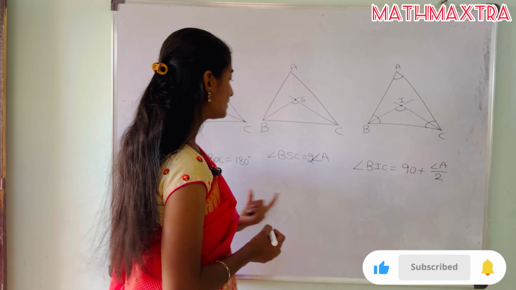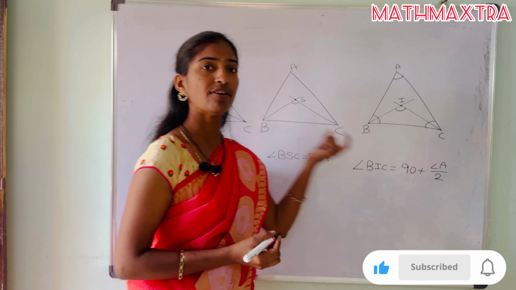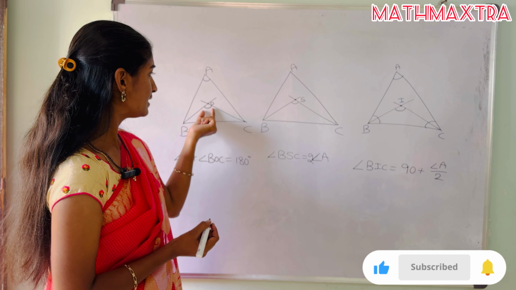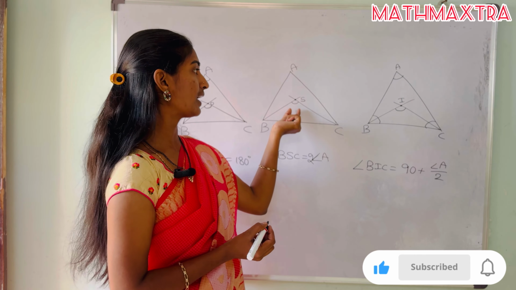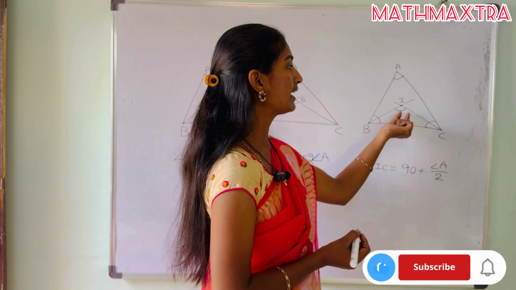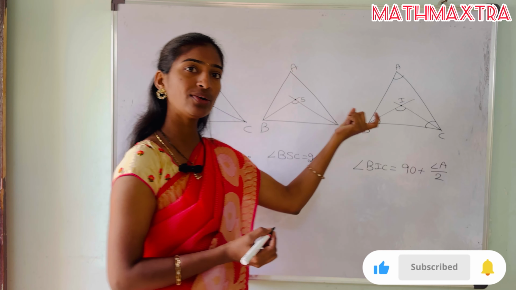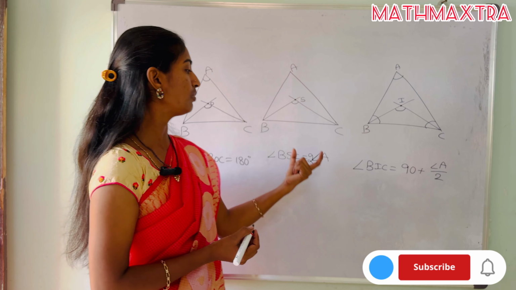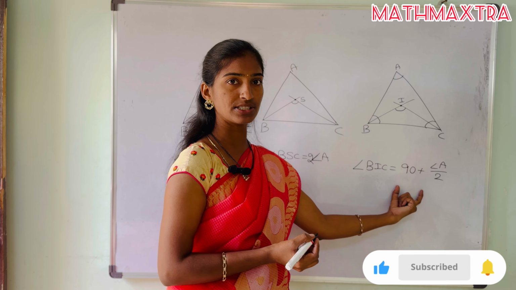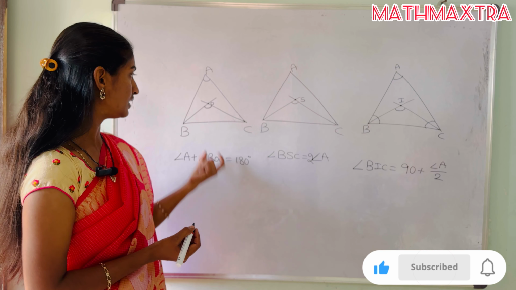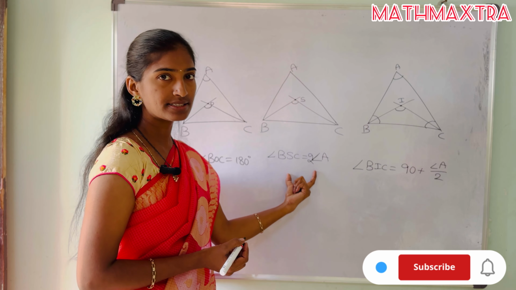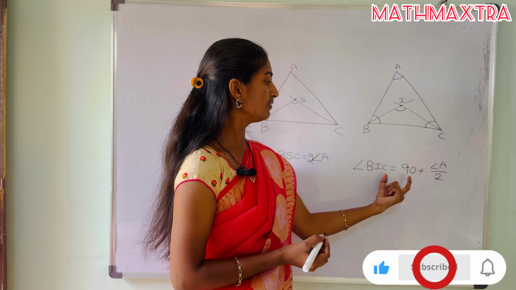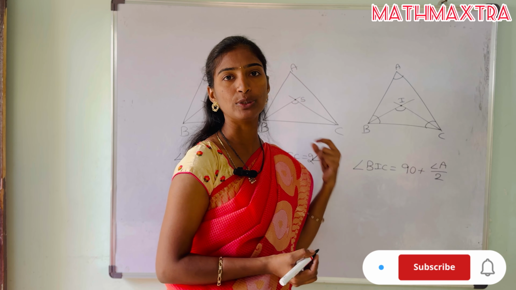So these three relations are very important. We have to observe whether the angle is formed at the orthocenter, the circumcenter, or the incenter, and depending on that we decide which relation is applicable. This one is for the orthocenter, where the two angles are supplementary; this is for the circumcenter, where this angle is twice that angle; and this is for the incenter, which is 90 plus angle A by 2.